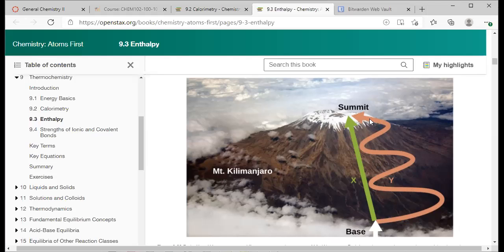Okay? So distance traveled is a path function. This type of analogy also gets at why work and heat are sometimes called path functions, and your textbook is one of the places that this happens.